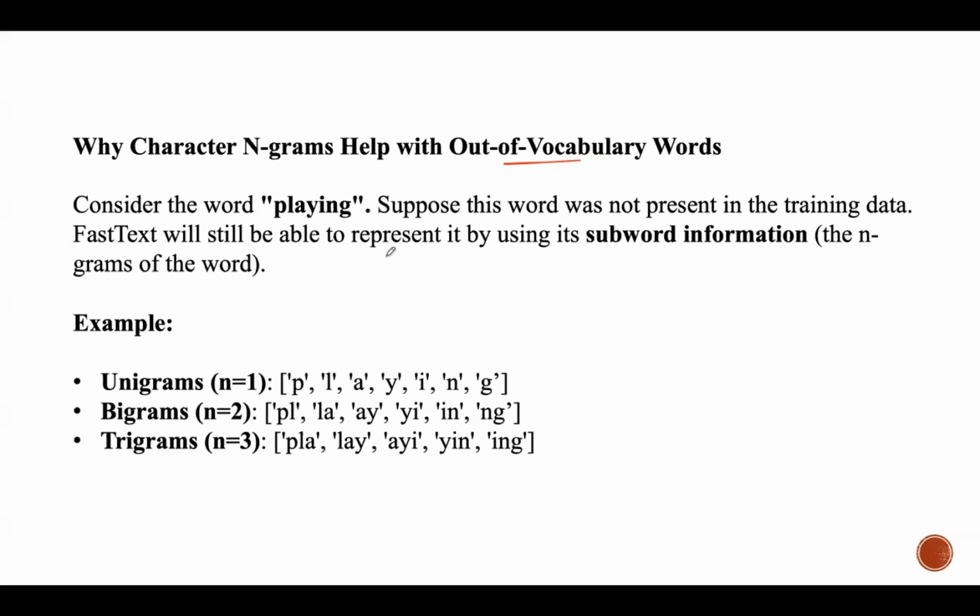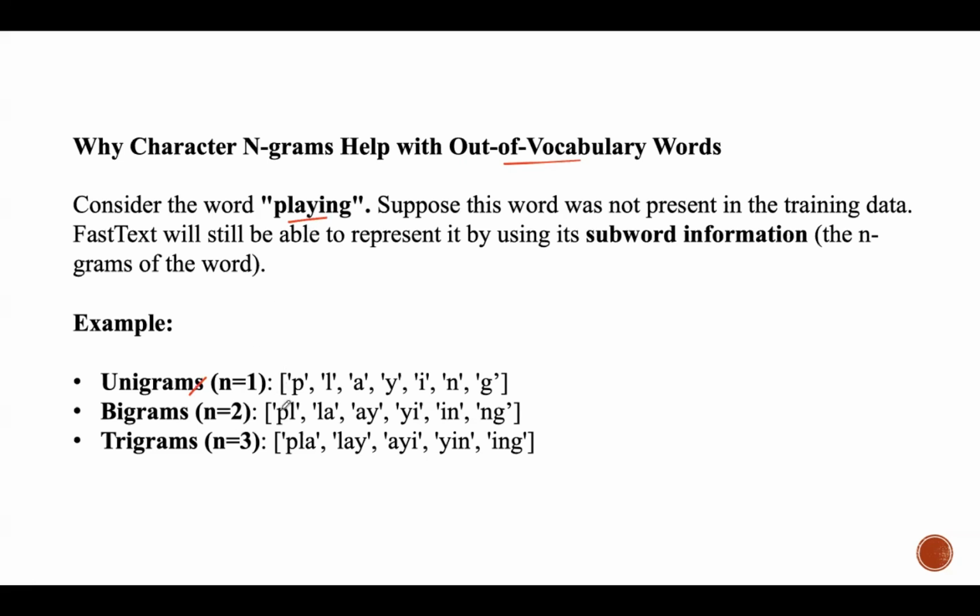If you consider the word playing, let us break that word into character n-grams like this. You can see the character n-grams, starting with unigrams, where every character is treated as a token. We just follow the same thing which we followed for apple, and the same will be considered for playing as well.